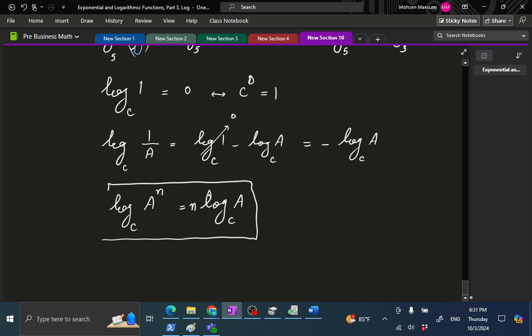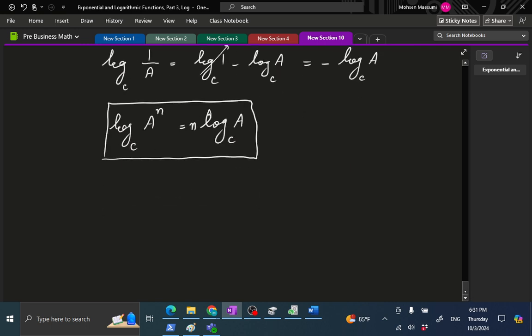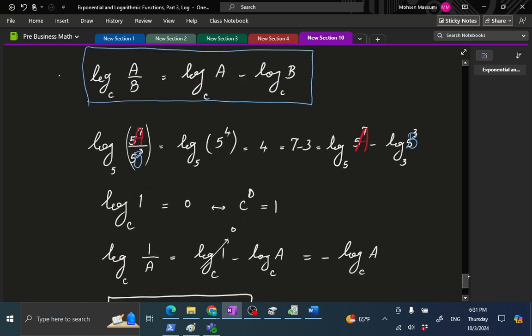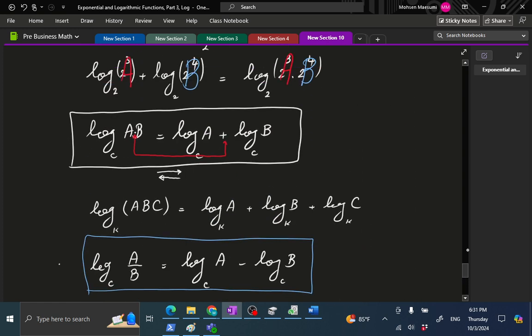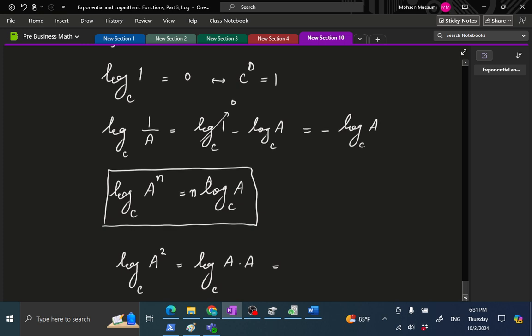Let me explain this in a simple context. Suppose I ask you what is the logarithm of a squared in base c. I'll say a squared is a times a. And we just learned that if you are multiplying two numbers, taking logarithm, you can take a logarithm of individual numbers and add them up. All that has happened here is that our numbers have become identical, but the same rule still applies.